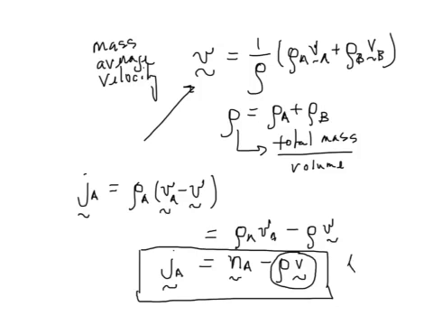And this is a very important relationship that we will be using all the time in this course. A relative mass flux, lab frame mass flux, and mass average velocity and species concentration.